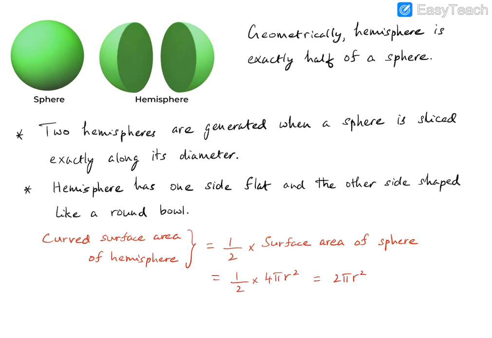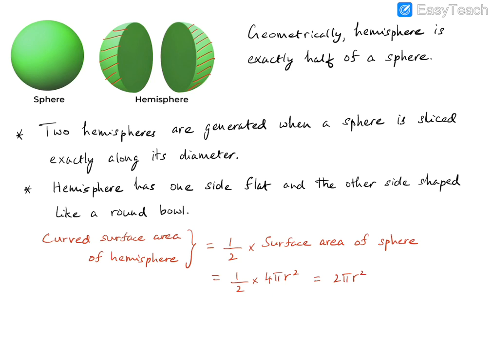So therefore, we get the curved surface area of a hemisphere as 2 pi r square. So the curved surface area is basically the area in the curved part where we have a rounded ball shape. So this area here is the curved surface area of this particular hemisphere over here. Similarly, for the hemisphere on the left side, the curved surface area will be this area over here.